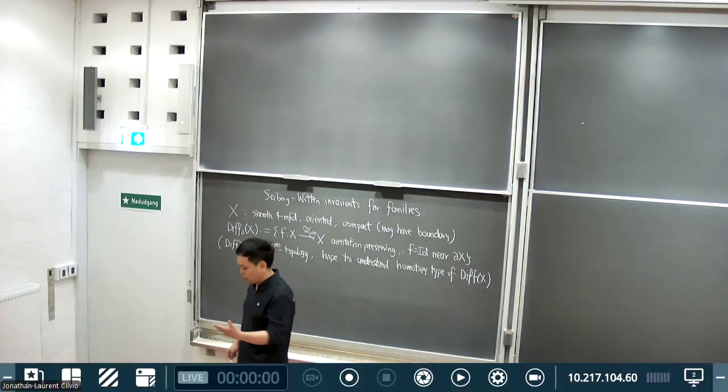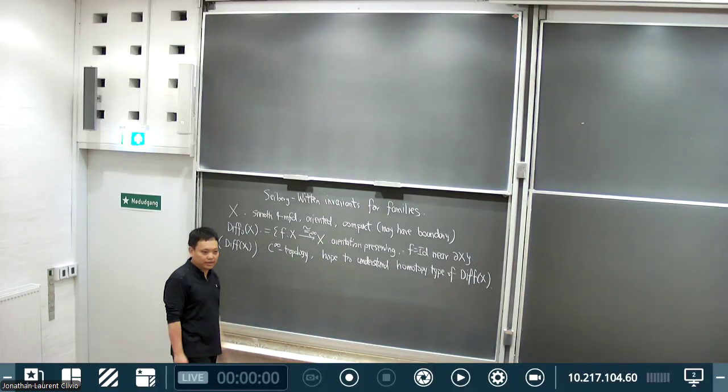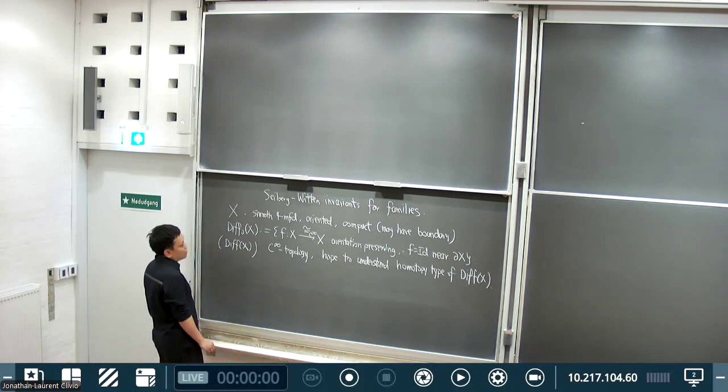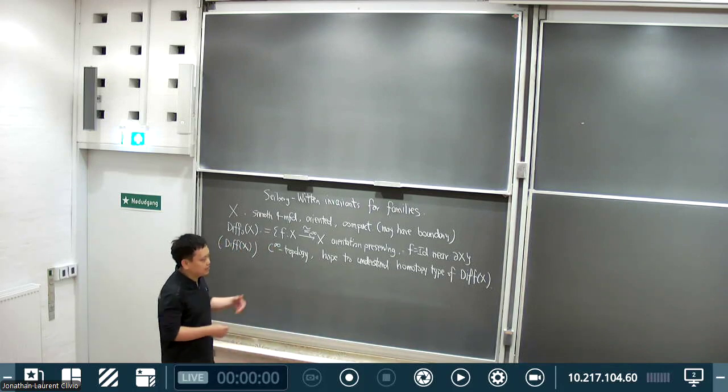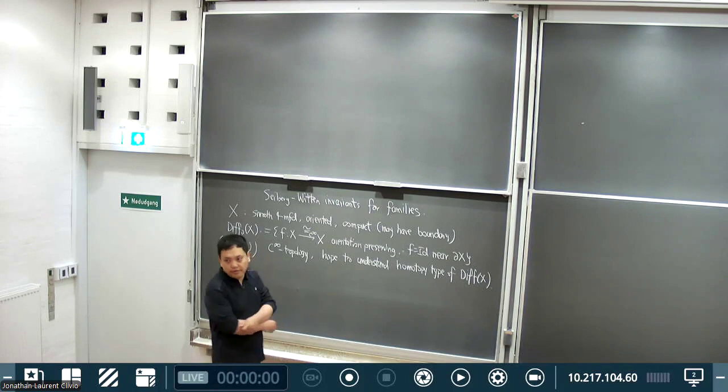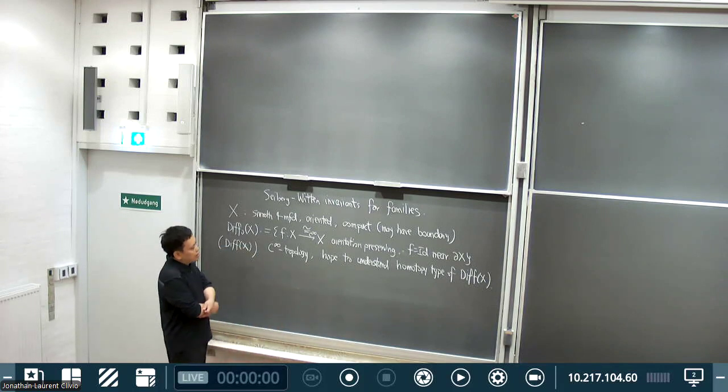Try to find specific subgroups inside this group. So our focus will be studying the topological side of the story. Namely, we want to at least partially understand the homology type of this diffeomorphism group.